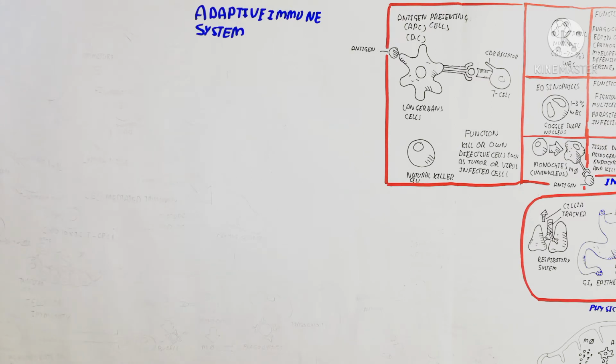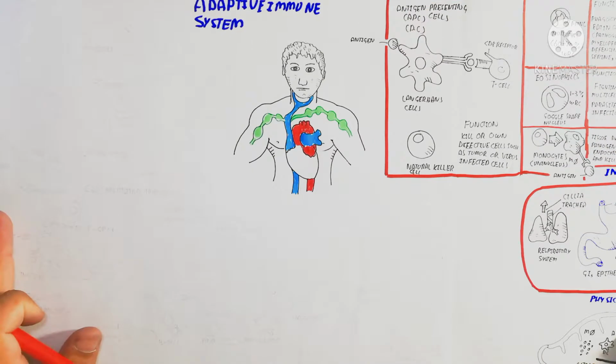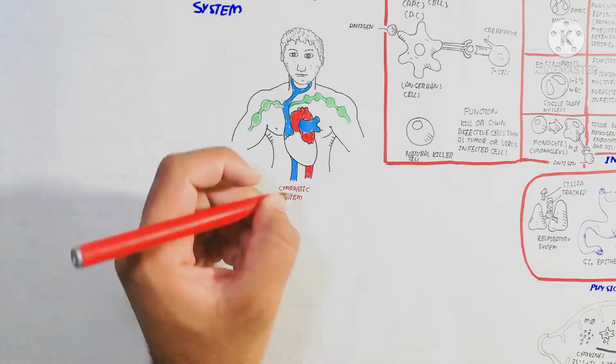Here we will discuss the adaptive immune system. The adaptive immune system basically has immature cells, T lymphocytes and B lymphocytes, which are present in the lymph nodes of the lymphatic system. The lymph vessels are present.